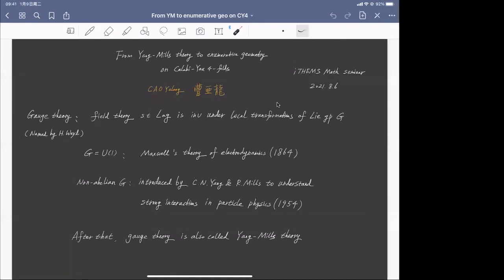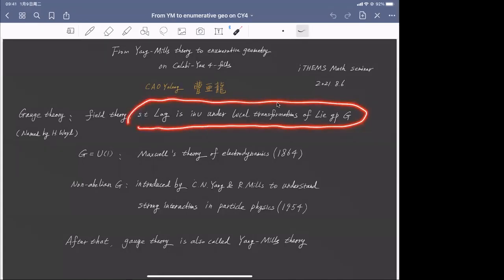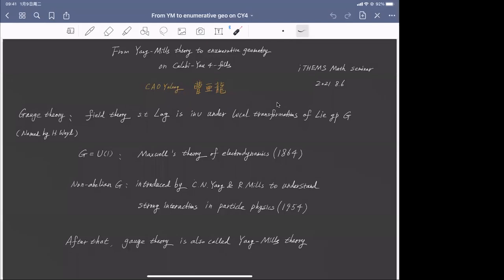So let's start. I'm interested in gauge theory. Gauge theory is named by Hermann Weyl about 100 years ago. In physics language, this is a field theory such that the Lagrangian is invariant under some local transformations of Lie groups.